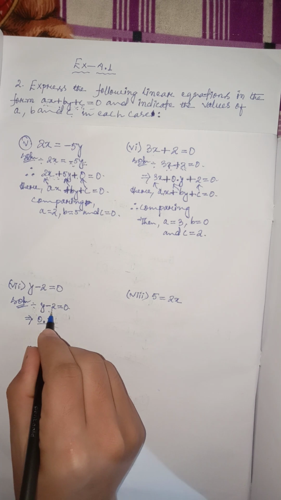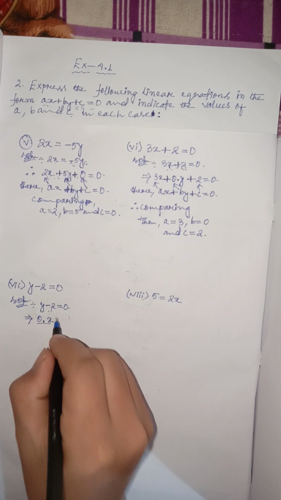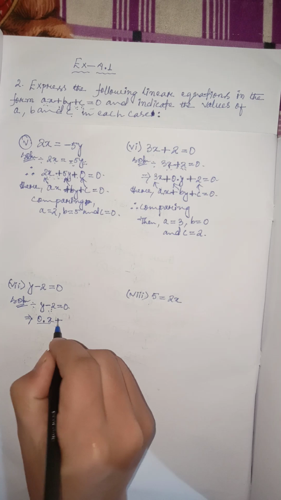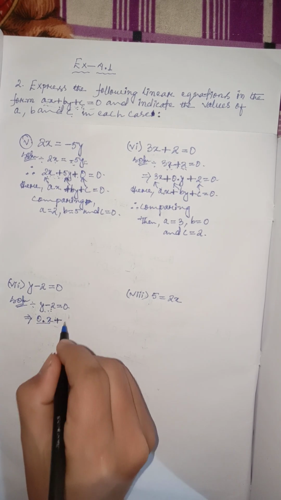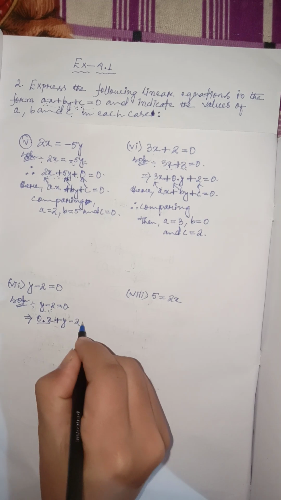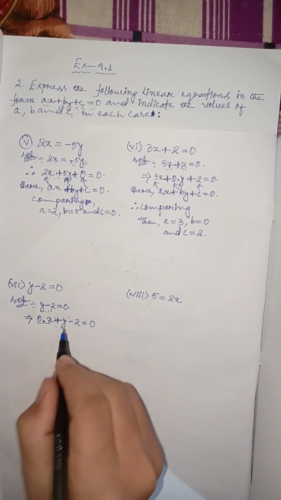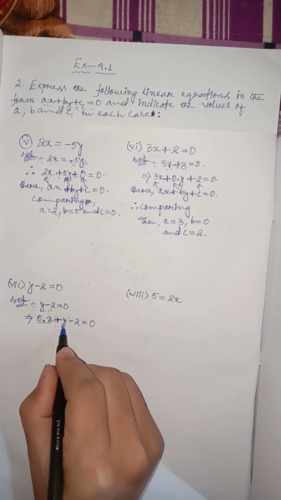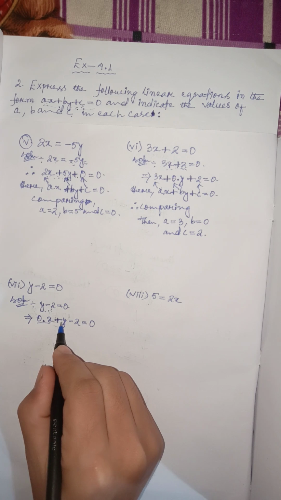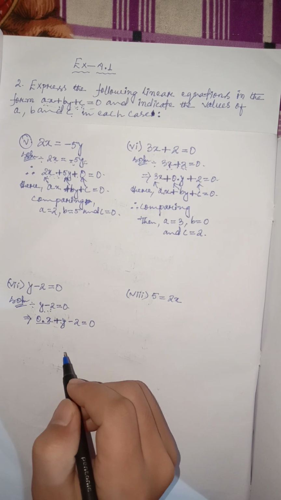And 0 plus this will give you the same thing, right? 0 plus x will give you 0 dot x, means 0 into x. And after that we have y and minus 2 equal to 0. As seen from this, just before this y, there is no number. In this case, we'll take 1, right?